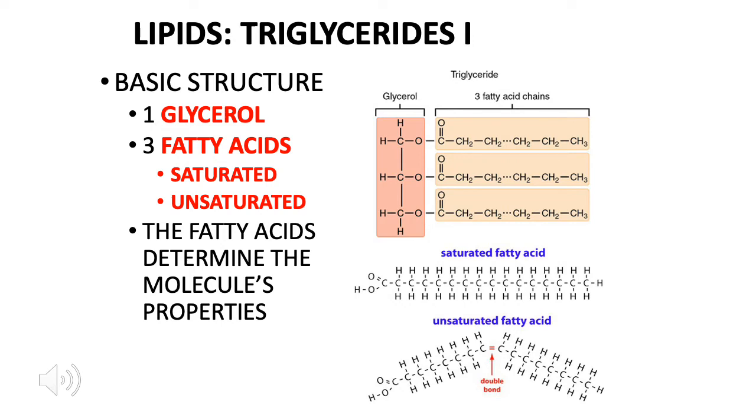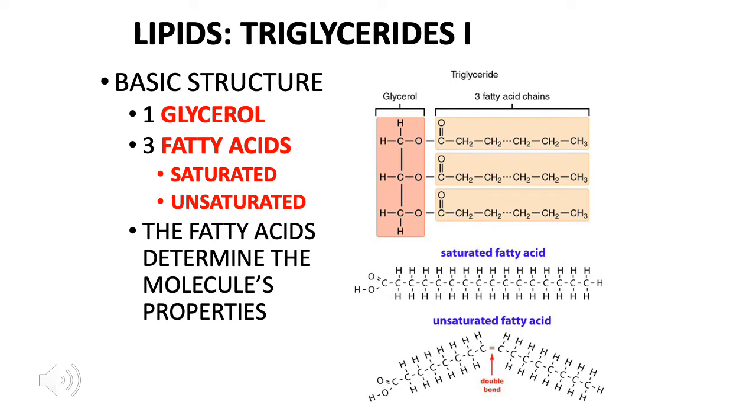Now, I do not want you to be overwhelmed with the chemical structures here. We're not going to memorize any chemical structures, but what we are going to do is focus on some aspects of chemical structures that will explain to us why these molecules are identified as what they are and how they work. Let's first take a look at the basic structure.